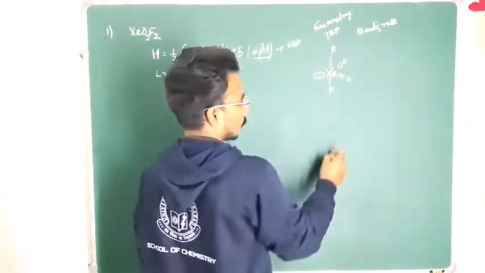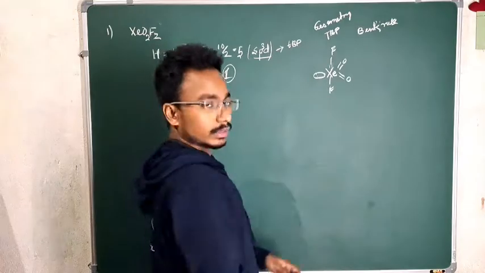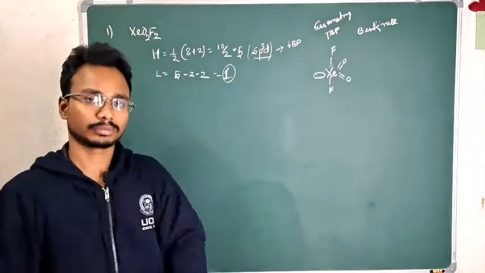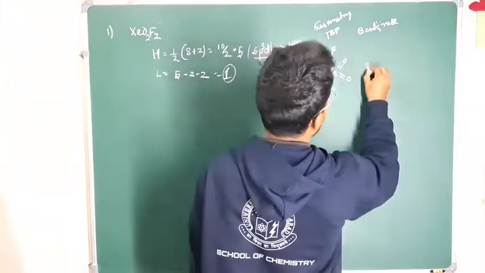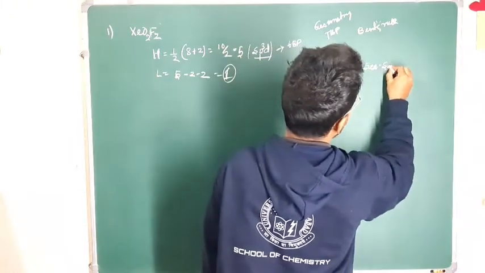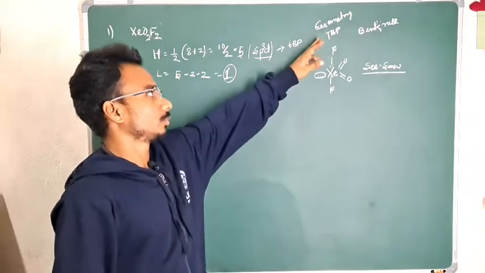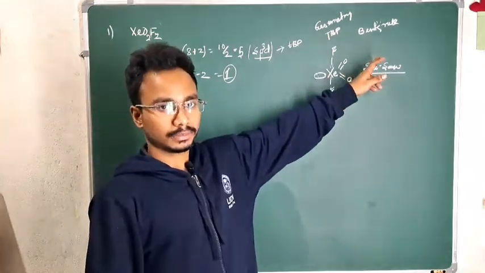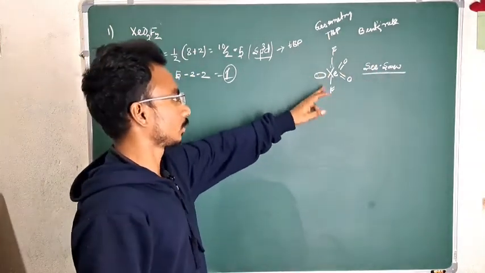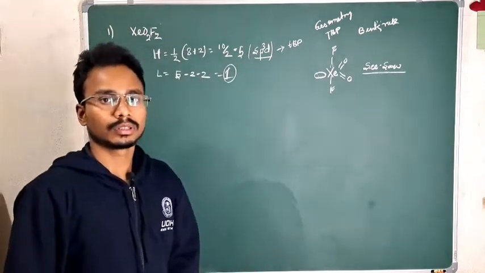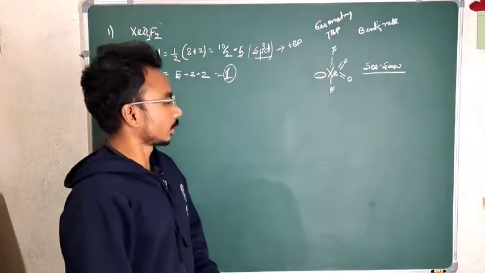So what is the shape of this molecule now? Pause the video and comment below. It will be seesaw. If they ask about the geometry, it will be trigonal bipyramidal, and if they ask about the shape, it will be seesaw. So let's go to the next question.